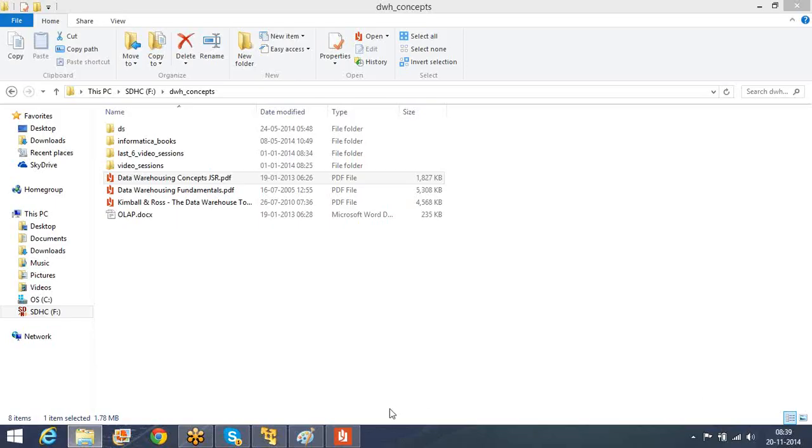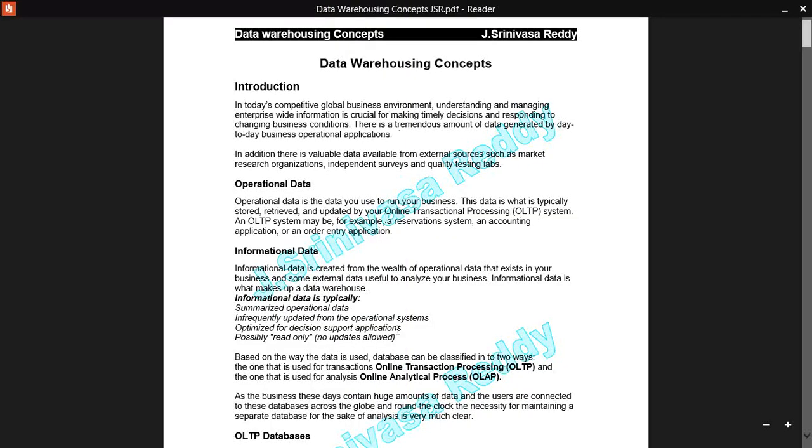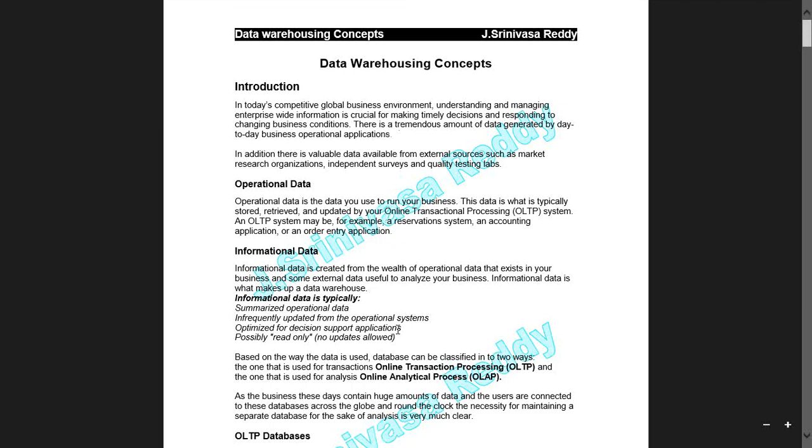The business and responding in a timely manner to market conditions, taking timely decisions, an appropriate decision at the appropriate time, is very critical. Because enterprise-wise we have large volumes of data.